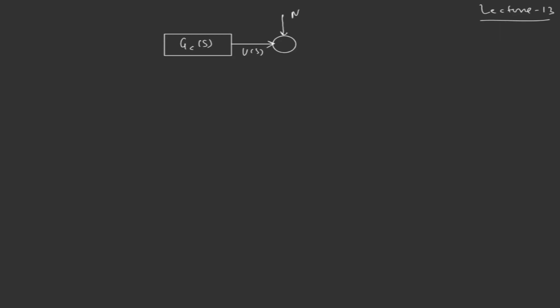One is MDS, which is the disturbance, and the summed output from this block was going to the plant, which is GP of S, and the output from the plant was Y of S.